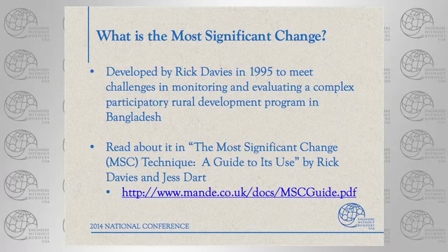This was developed by Rick Davies in 1995. He used this in a participatory rural development program in Bangladesh. There's the reference for it. You can actually download this, and it's freely distributable as long as you're not asking for any money for it.